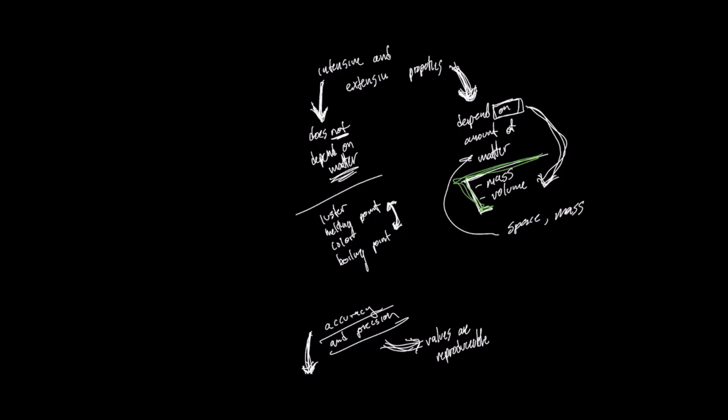Space and mass, space meaning volume, and mass. And then intensive could be luster, melting point, color, boiling point, any kind of that.